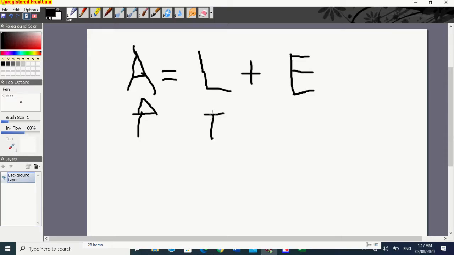The L is called liabilities, and that's what the company owes instead of owns. So the assets are what the company owns, and the liabilities are what the company owes.